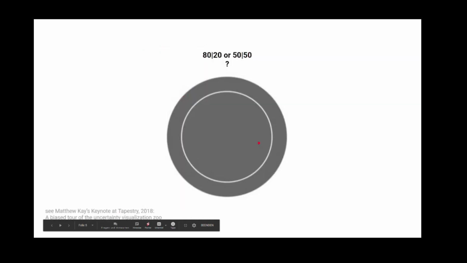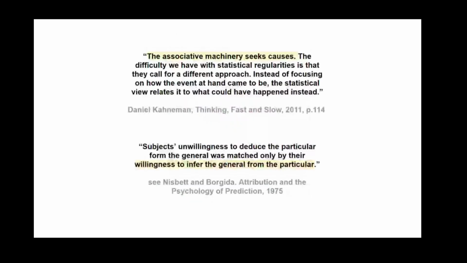And if you look at this visualization, which I took from another talk by Matthew Kay, who is a great researcher in this area regarding how to visualize uncertainty, it really doesn't look like this circle is equally large in size of the area as the circle that is surrounding it. But you can take a screenshot maybe and figure it out. It really is true.